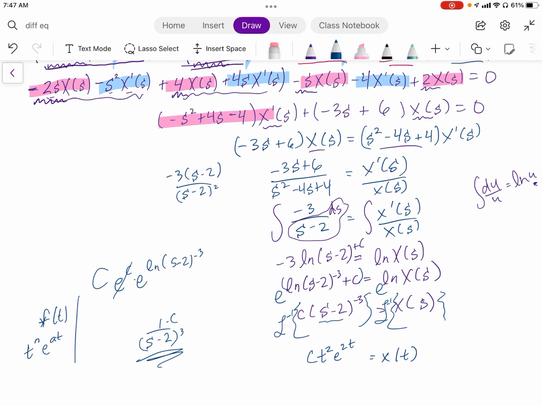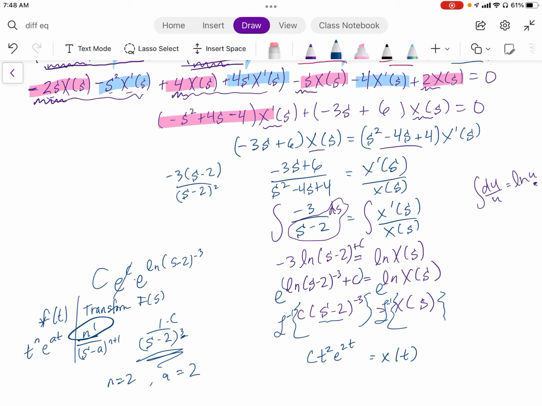But the Laplace transform F of s is n factorial over s minus a to the n plus 1. So n plus 1 tells me n is 2, and s minus 2 told me a is 2.